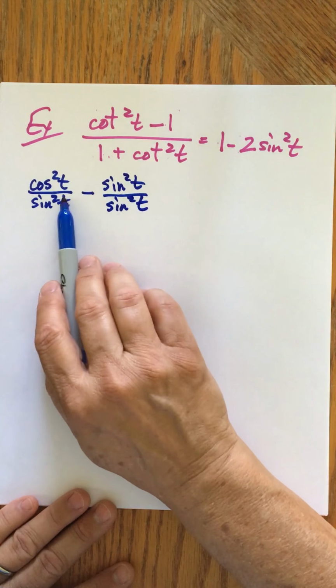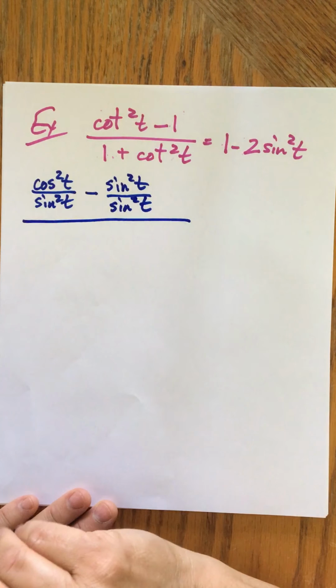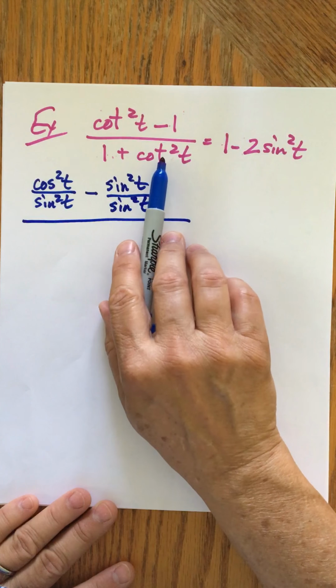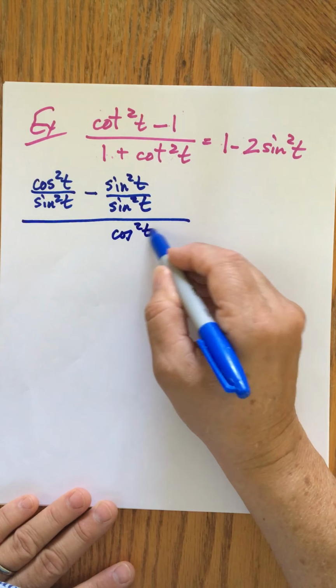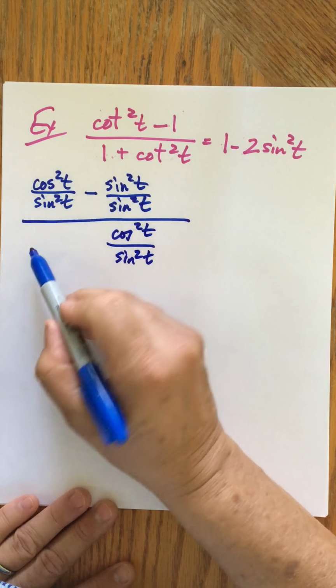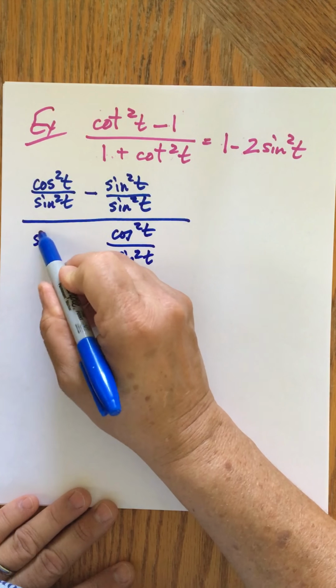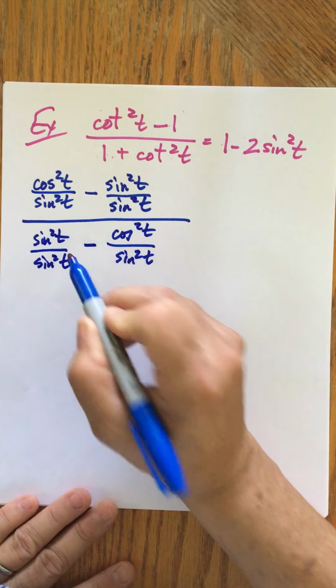So that way I can put all this over one denominator. Here I'm going to do the same thing, but let me go ahead and express this. This is cosine squared t over sine squared t. And then this one I'm going to make also sine squared t over sine squared t.